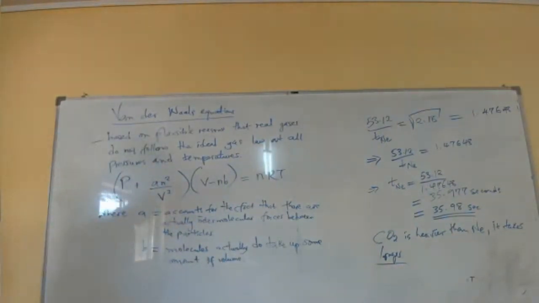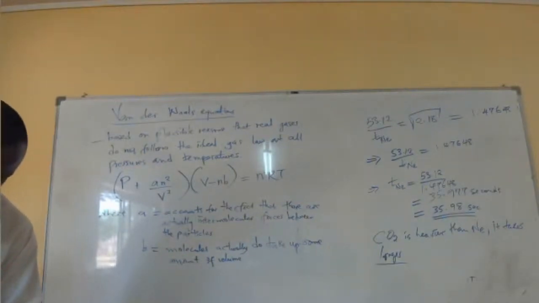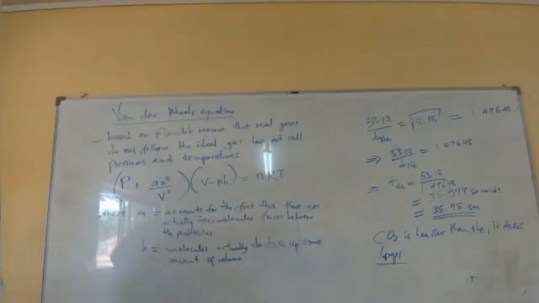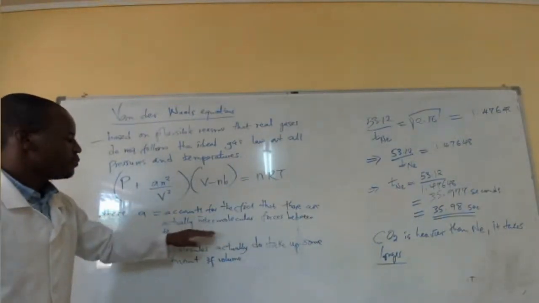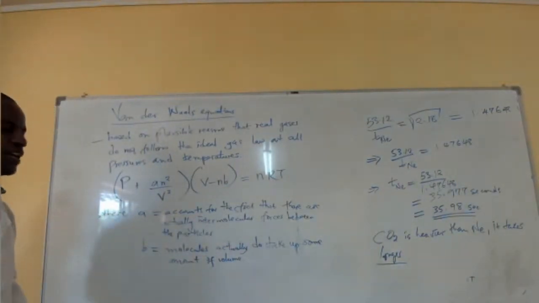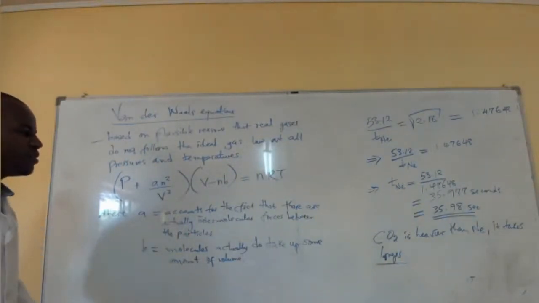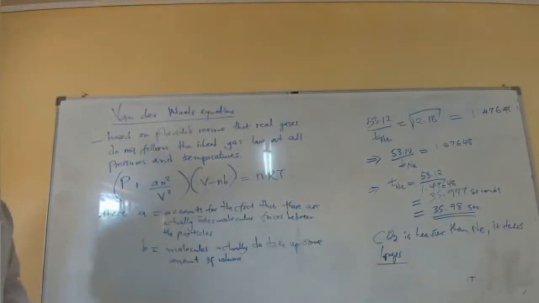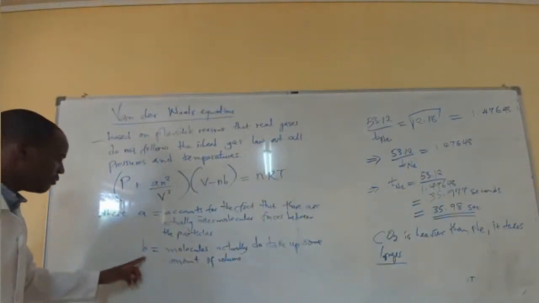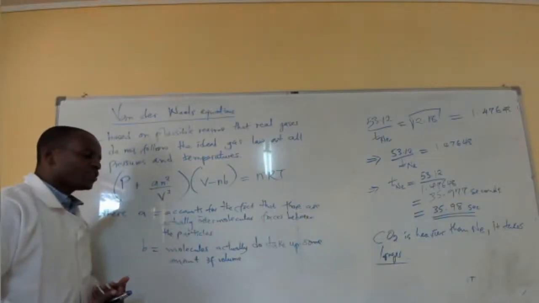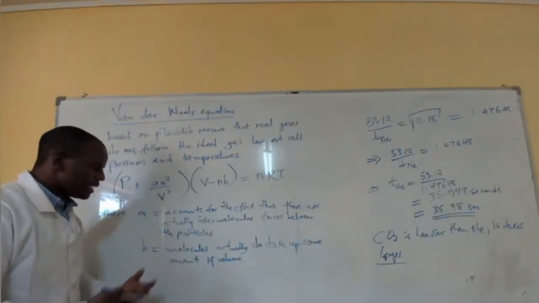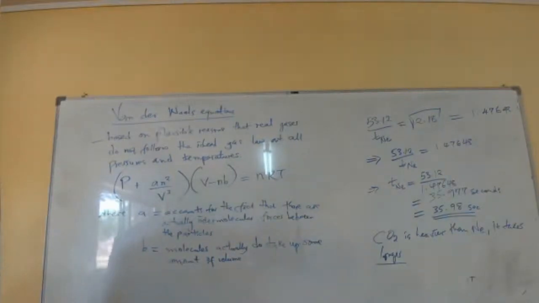So the van der Waals equation takes account of the overall effects of the fact that within the gas molecules, the particles actually have some form of intermolecular forces. These could be attractive or repulsive forces. And also b, the fact that these molecules, when they are placed in a container, actually occupy some form of space.